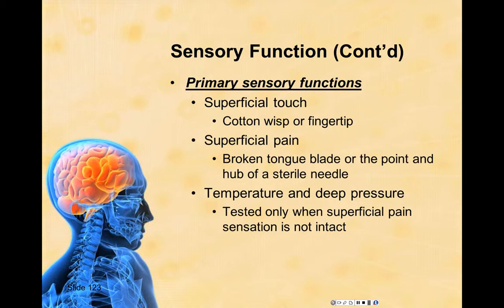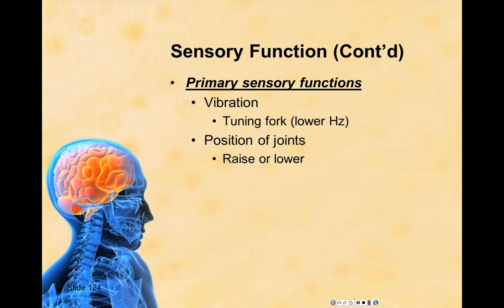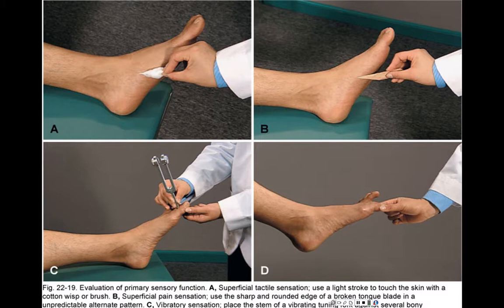Superficial pain can be determined with a broken tongue blade or the point of a sterile needle. Temperature or deep pressure are usually only tested when other superficial pain sensation is not intact. Vibration is tested using a tuning fork, along with position of joints by raising and lowering the joints. And here are pictures of how that is evaluated.